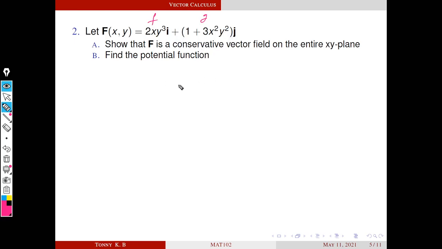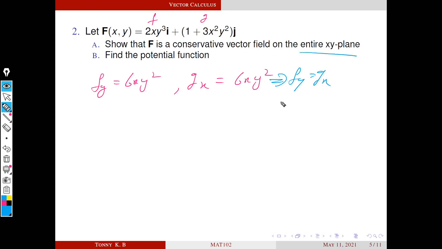So you can easily verify the condition. Here f_y = 6xy^2 and similarly g_x is also 6xy^2. So f_y = g_x for every x and y, so this function satisfies the condition at every point in the xy plane. So this is a conservative vector field in the entire xy plane.